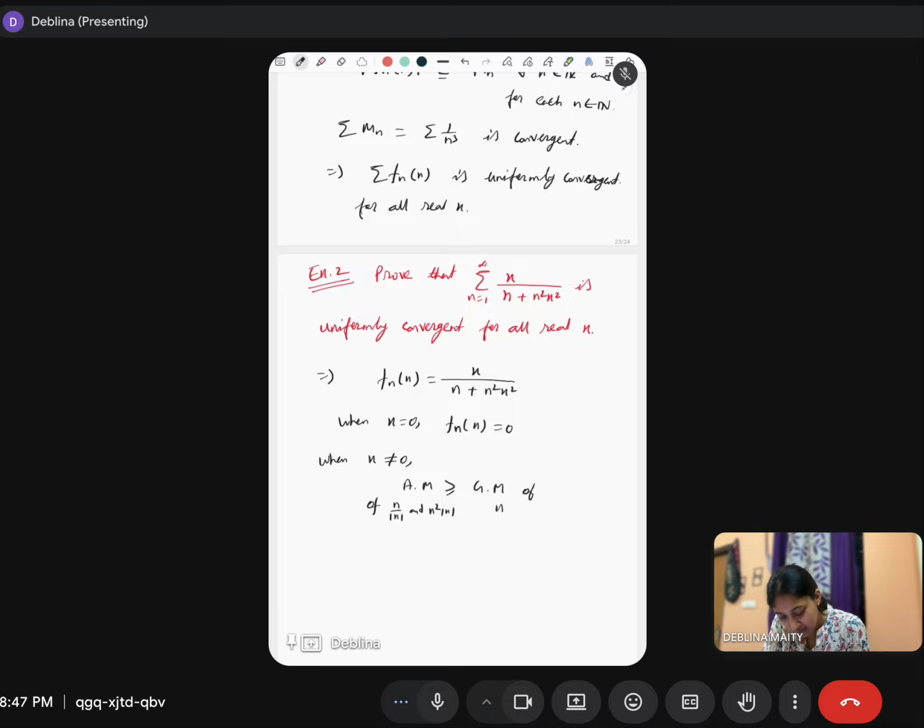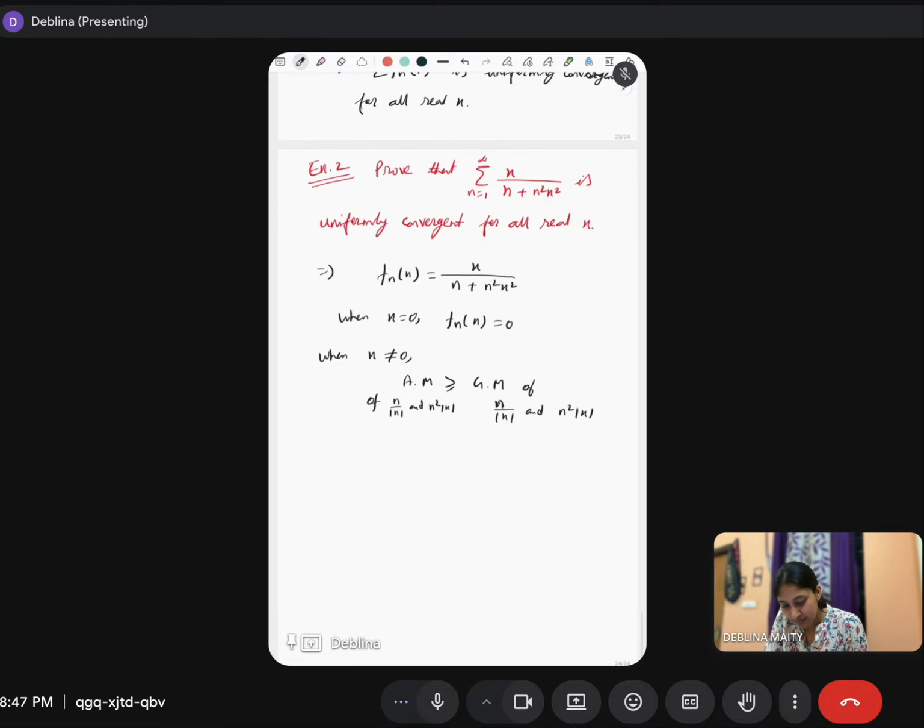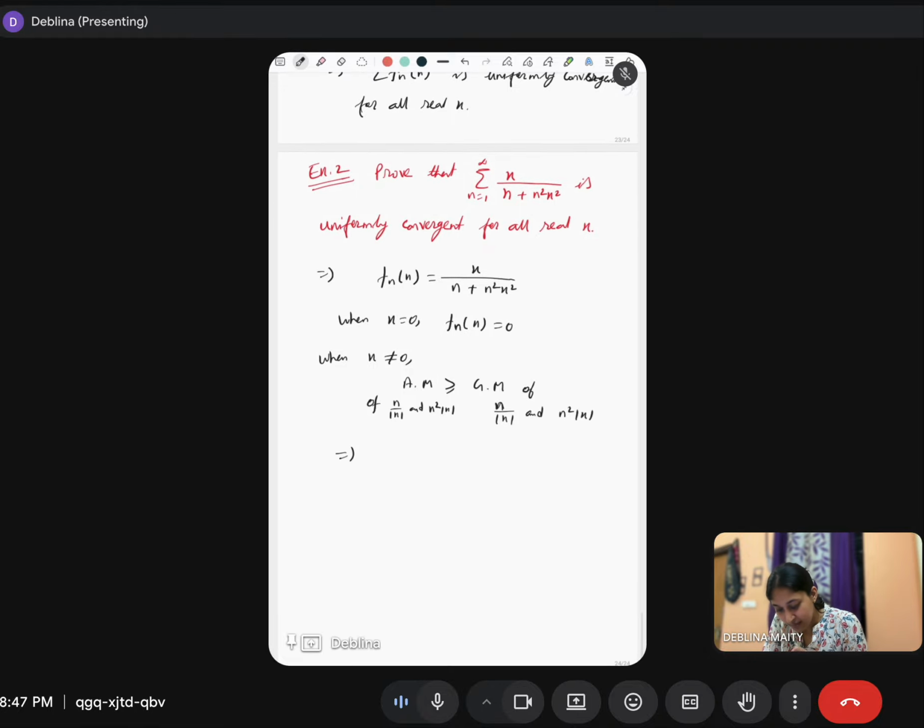The geometric mean of n by mod x and n square mod x. So what is the arithmetic mean of these two? This is n by mod x plus n square mod x, divided by 2, which is greater than or equal to the root of n by mod x into n square mod x.